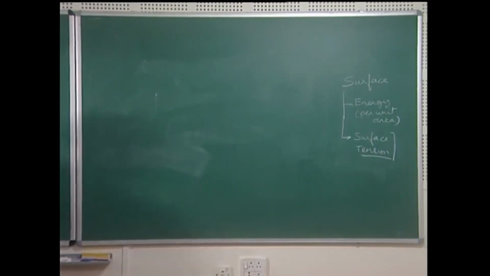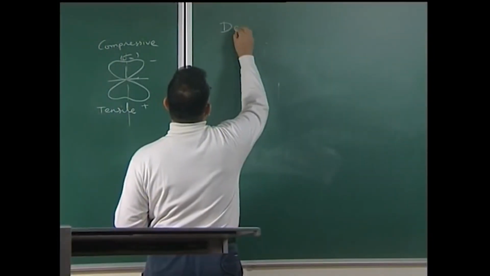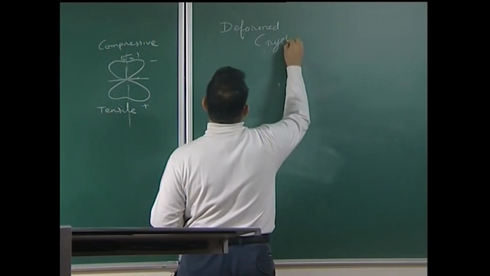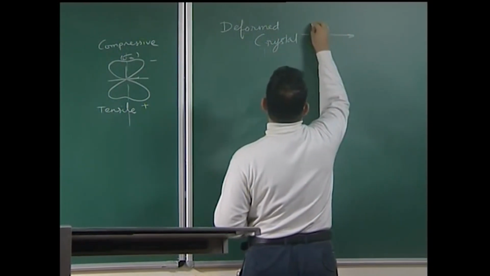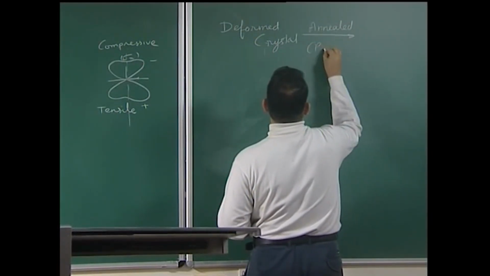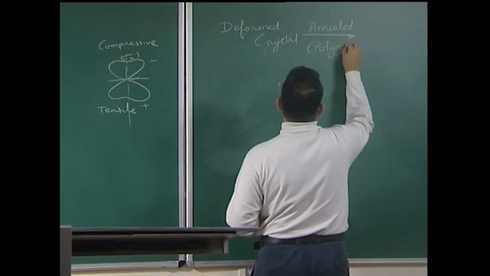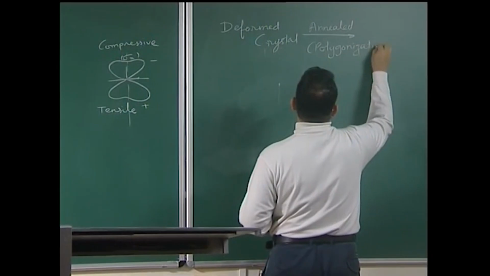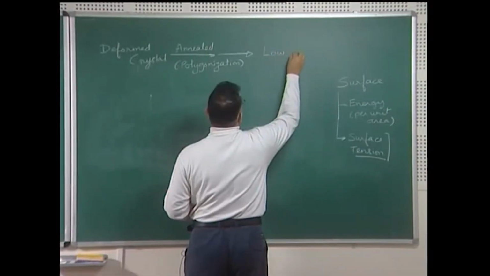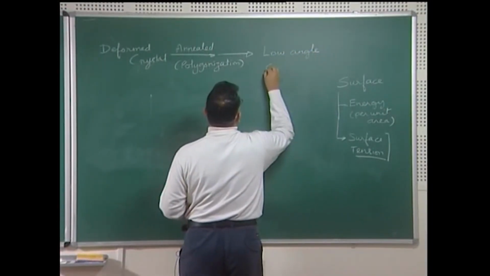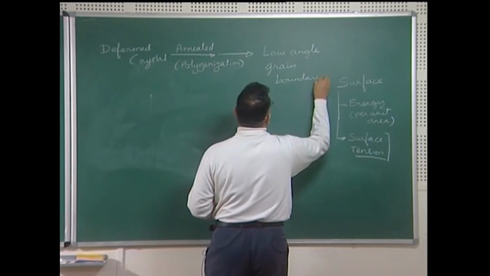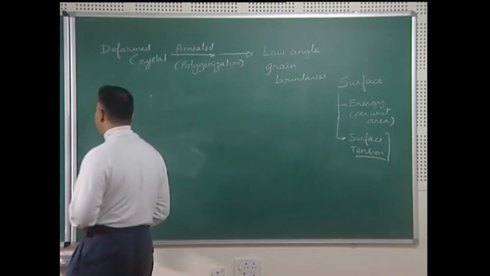Now, we had seen the process wherein we had taken a deformed crystal and we annealed it, and the process which occurred during this anneal is called polygonization, which led to the formation of a structure in a deformed crystal.